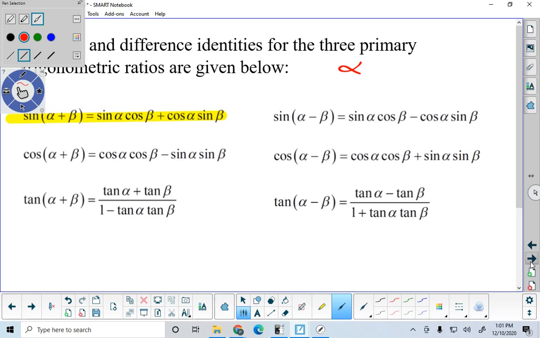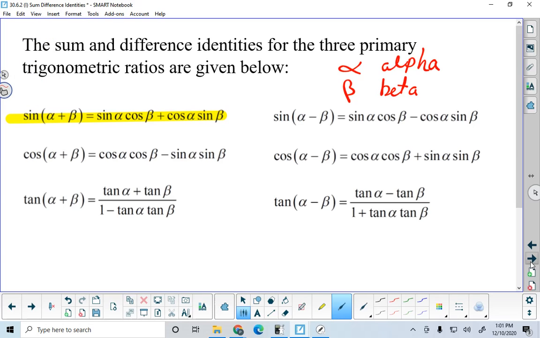So this is the Greek letter alpha, and this is the Greek letter beta. The first 2 letters of the Greek alphabet, it's where we get our A and B from in the alphabet that we use. Now, you're going to get used to these, but let's just talk about what it means.